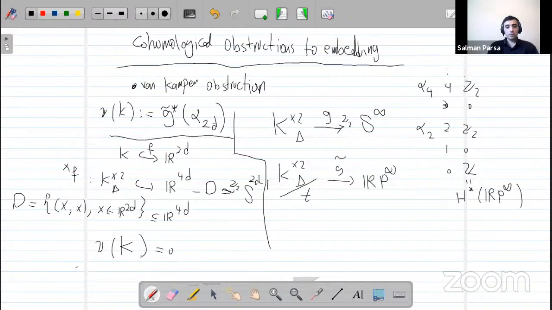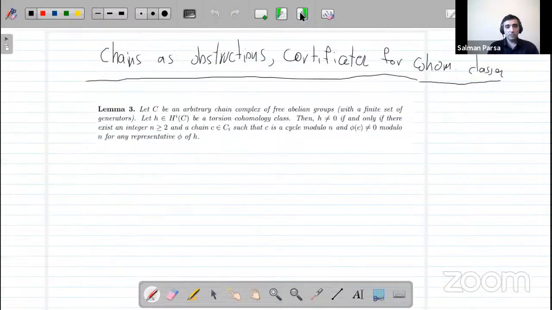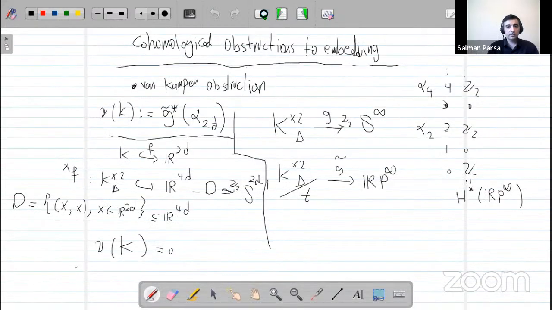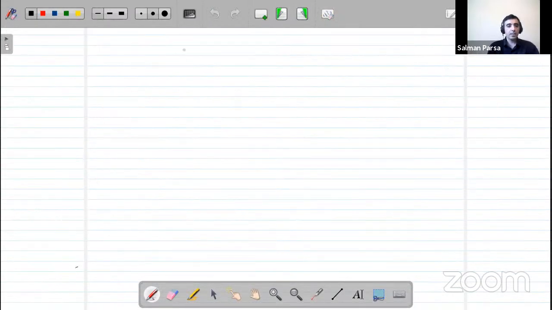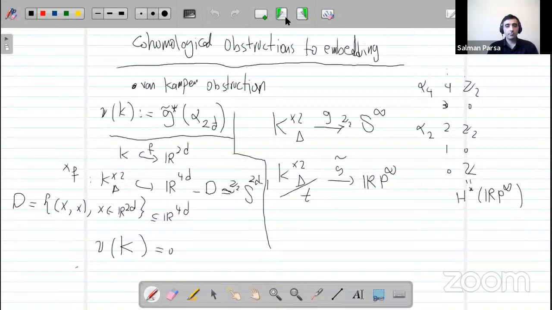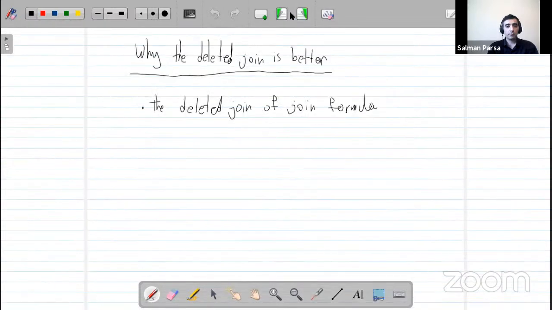And so now I want to say why the obstruction in the deleted join is better, at least for us. And the reason for that is the deleted join formula.